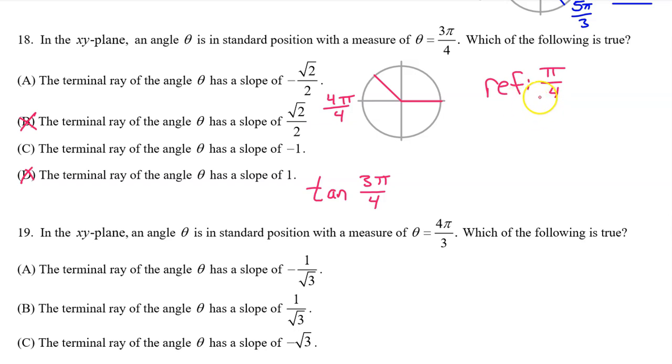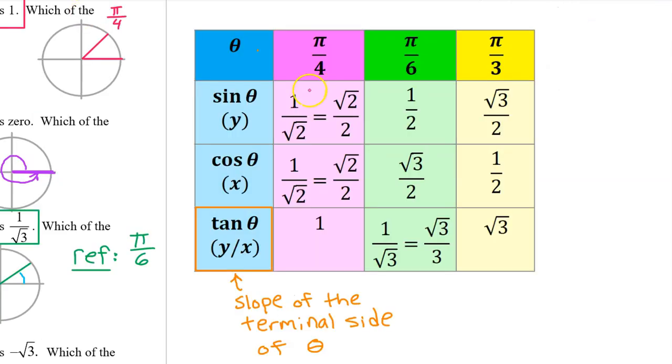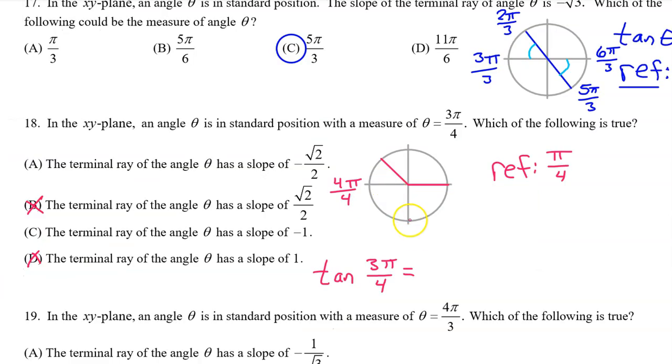This is helpful because the tangent of the reference angle will be equivalent to the tangent of 3 pi over 4, except sometimes the sign will be negative. We have memorized these 9 trig facts, including the fact that the tangent of pi over 4 is 1. We already know that the tangent of 3 pi over 4 is negative, so now we know it is negative 1. So the answer is C.